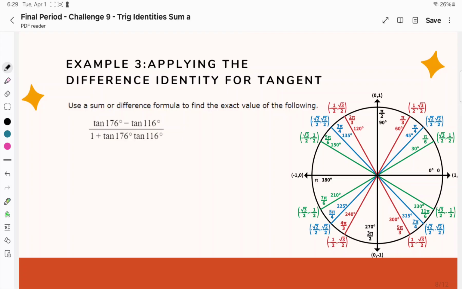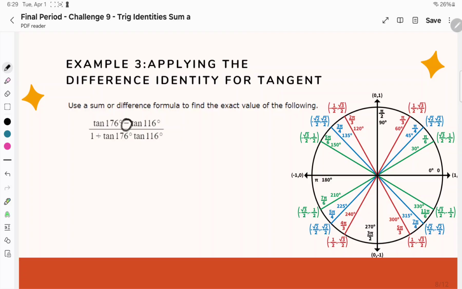So again, let's look at the nature of our expression. We have tangent of 176 degrees minus tangent of 116 degrees divided by 1 plus tangent of 176 degrees tangent of 116 degrees. So let's look at the expression.